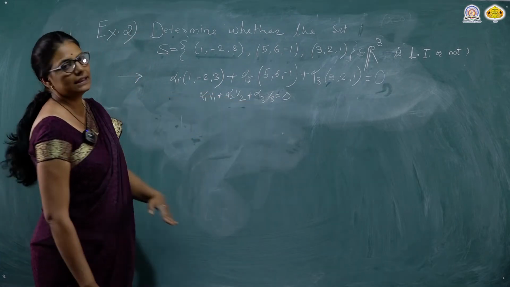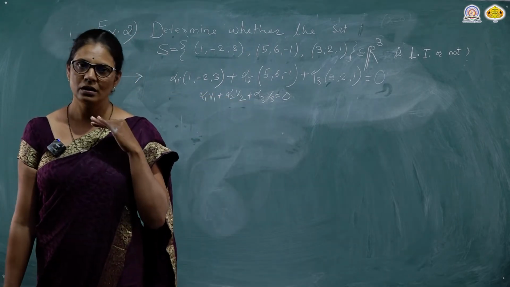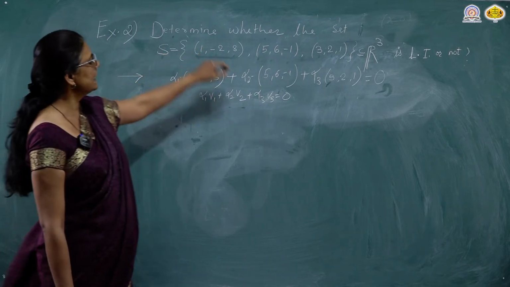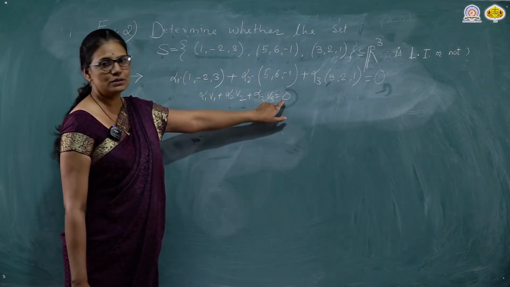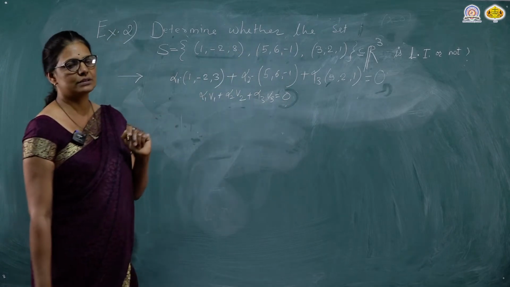The left hand side contains the linear combination of vectors in S and the right hand side is the 0 vector of the corresponding vector space.